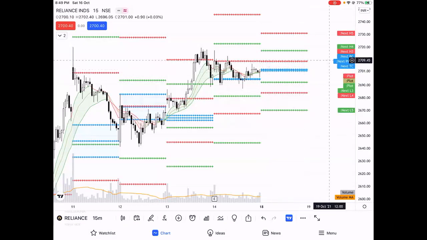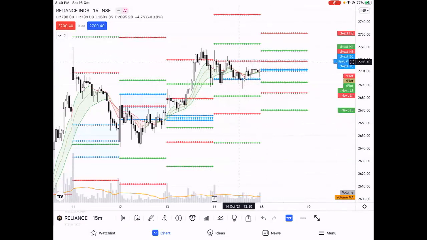But you have a nested level. See, H5, H3, H3, right? So technically, 2711 to 2709 is somewhere between these 2 to 3 points.